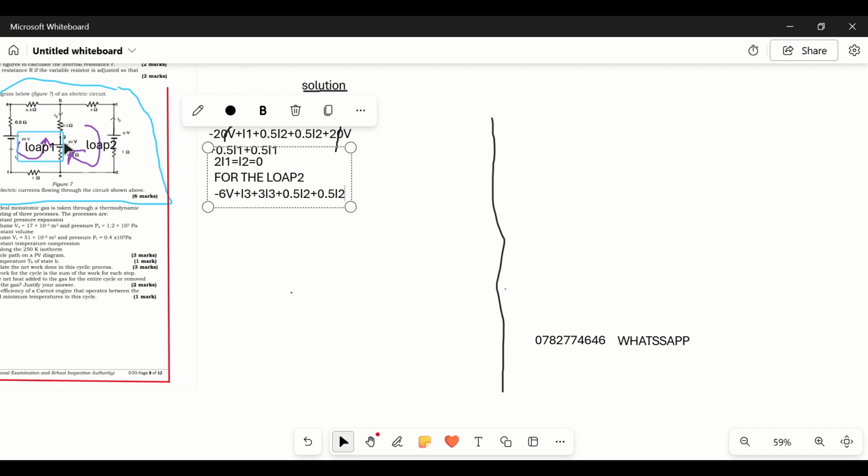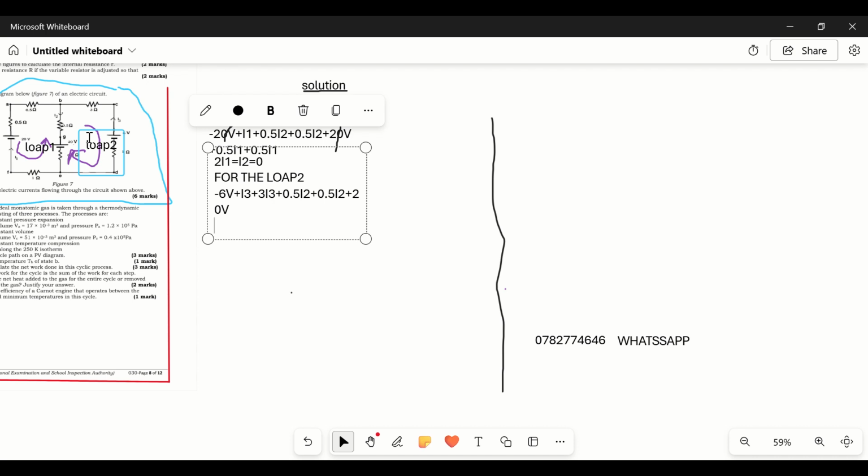Is this coming from negative to positive as the loop is this one? Yes, it's coming from negative to positive. So that's why we add 20 volts.